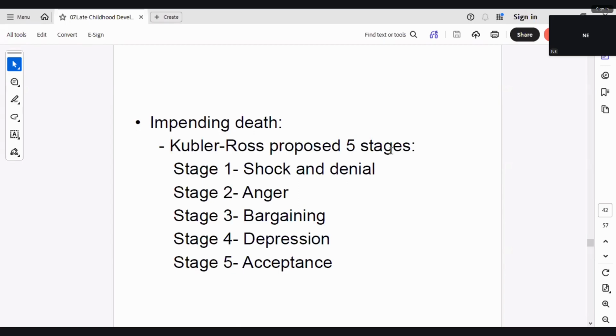Okay. Then they go through a phase of anger, and sometimes even angry with Allah, things like, why me? Then they go through a stage of bargaining where they will say things like, if I can just live, then I'm going to do this, I'm going to do that, I'm going to change my life, I'm going to become a better person.